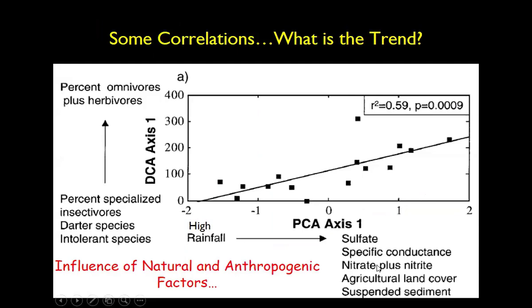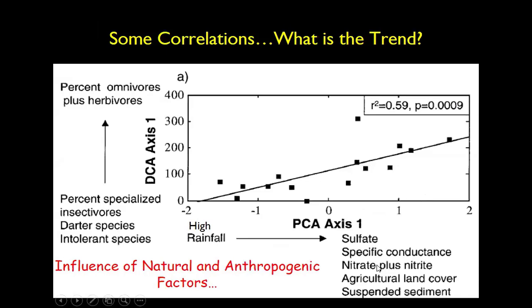Okay, so what happened? What was going on here? So she used a multivariate technique, which I'm not even going to try to explain. All you need to know is what it does. It singles out the important variables, the ones that were strongly correlated, okay?